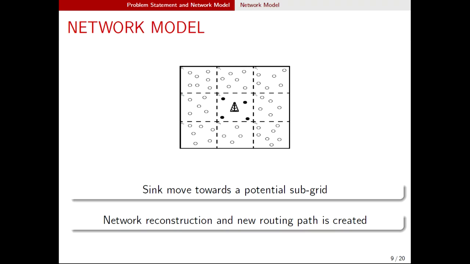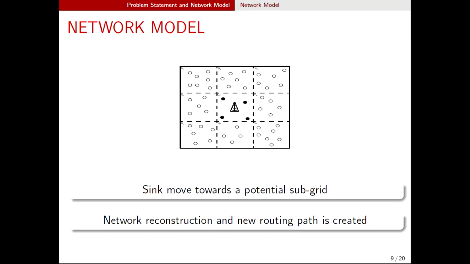If the number of nodes is more than this, the number of subgrids and zones will be more, and the sink has the possibility of moving from one place to another during some conditions. The sink always moves towards the potential subgrid, in the sense of the subgrid which has more energy.